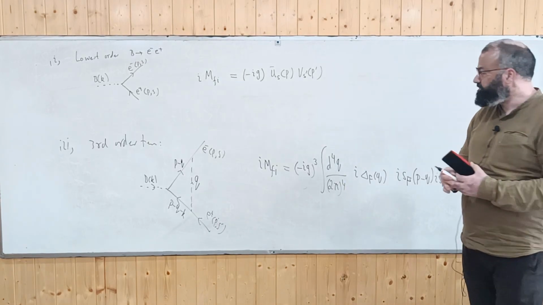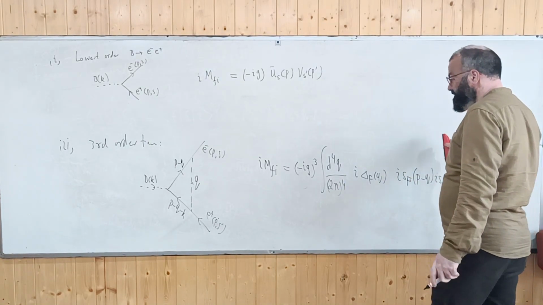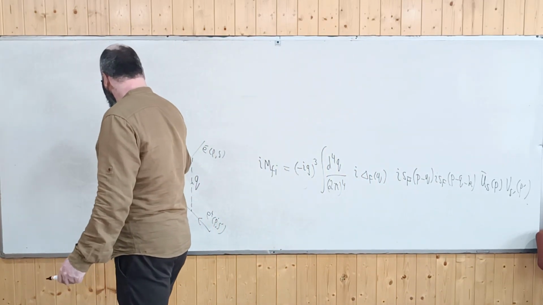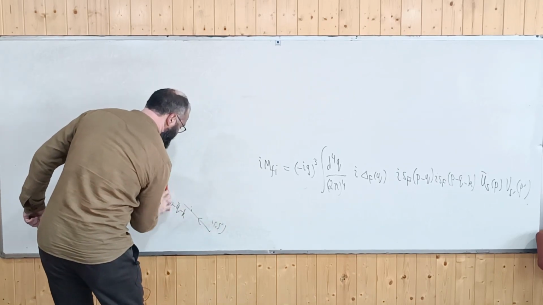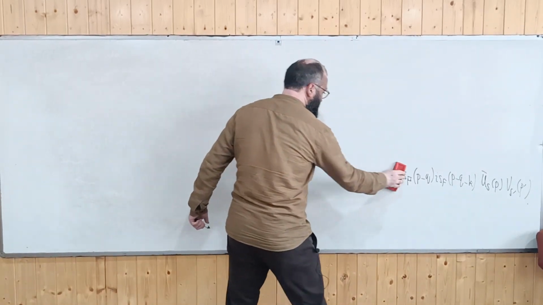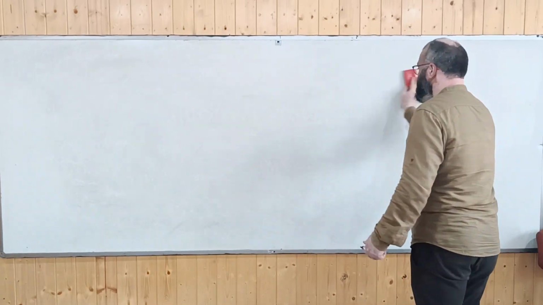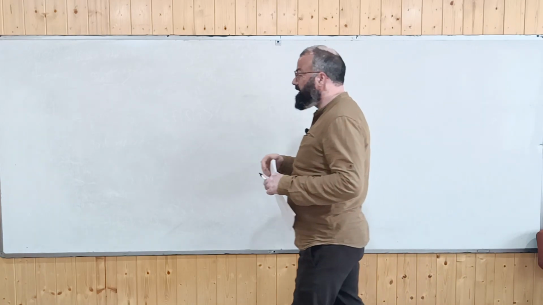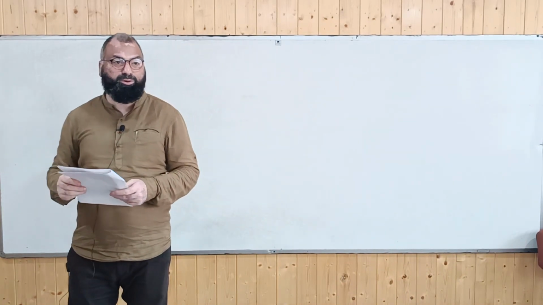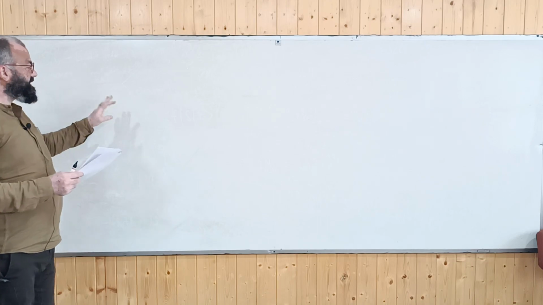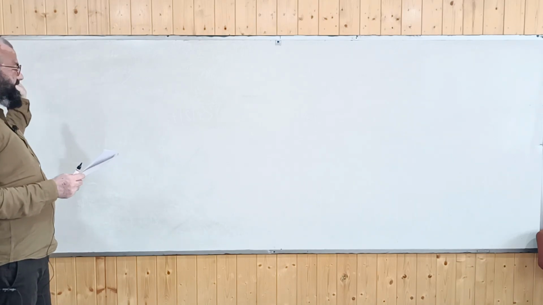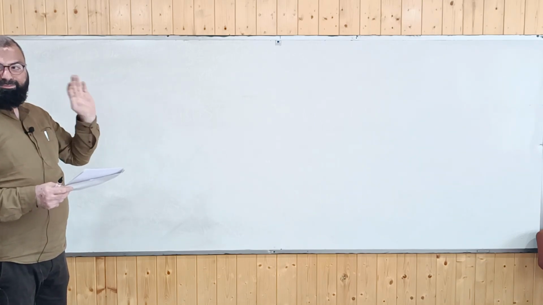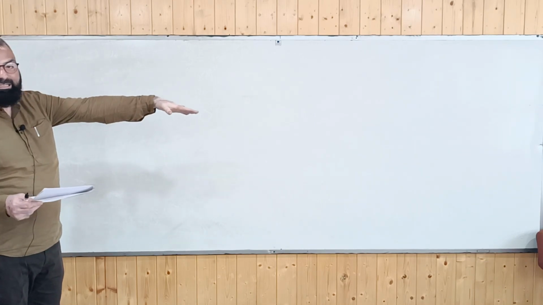Then we will use these rules to look at the final amplitude. I will use the left hand side of the diagram for the initial particles and the right hand side for the final particles, and time flows in this direction.